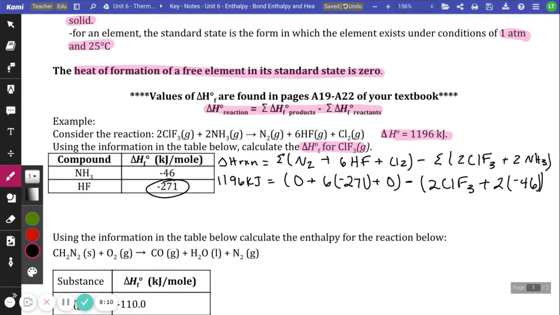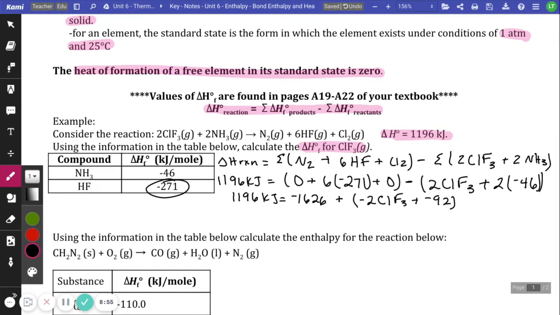All right, guys. And then from there, we're just going to start simplifying. So I'm going to add everything up over here. I would get 1,196 kilojoules is equal to, when I add all of the first part up together, negative 1,626, plus, or I guess minus, but plus over here, negative 2 times my chlorine trifluoride, plus negative 92.